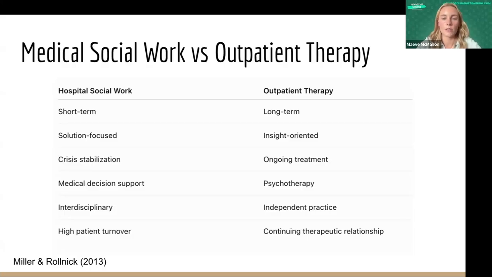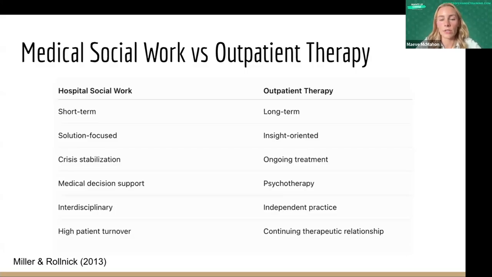That person, to get admitted into an inpatient psych unit, had a lot going on. So when you are planning their discharge, you would really want to make sure that they are connected with someone, maybe an outpatient therapy provider or an intensive outpatient program where they're going multiple times a week for long periods of time.